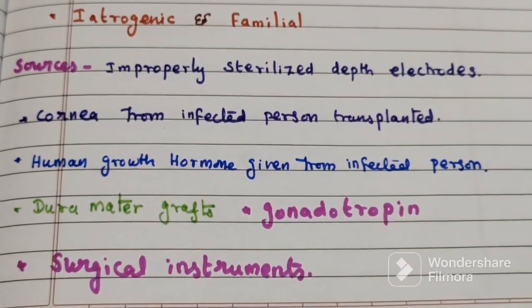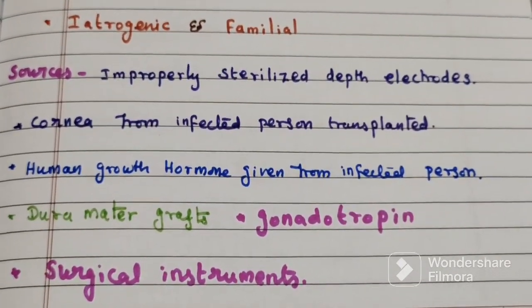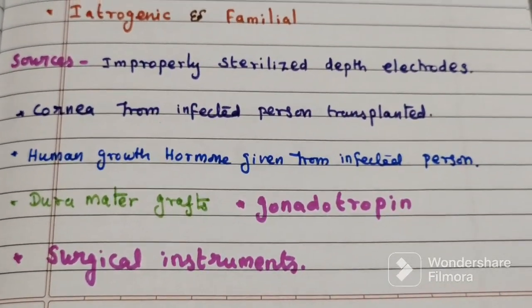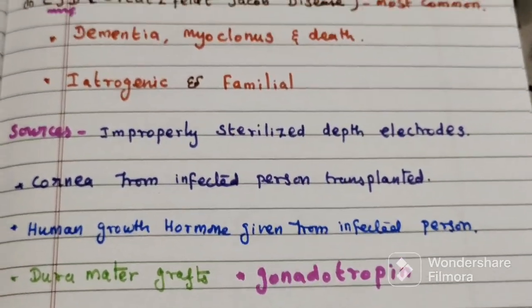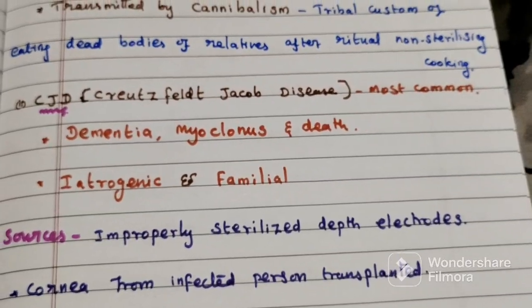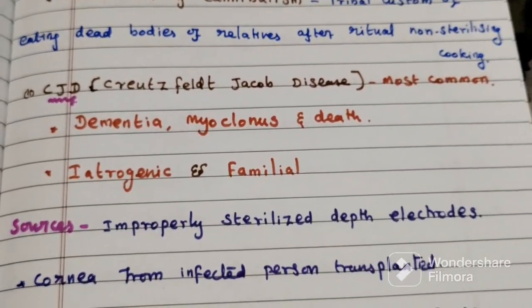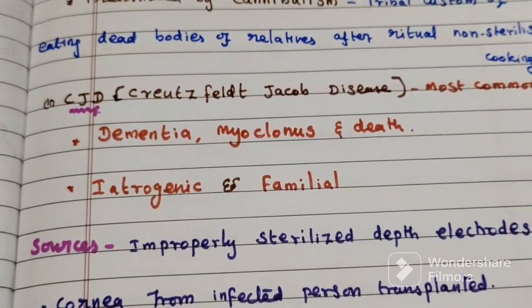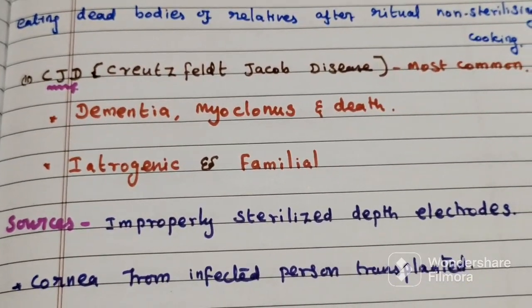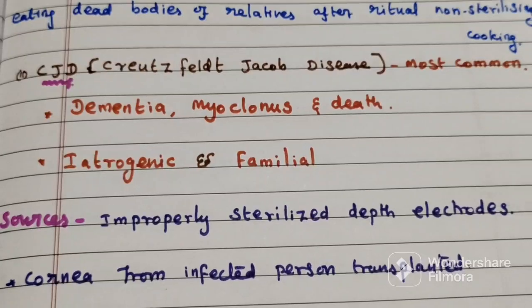So CJD is also known as an iatrogenic disease, when the physician induces the disease. Dementia, myoclonus, death, and infection from the physician induced the disease. This one is also familial.